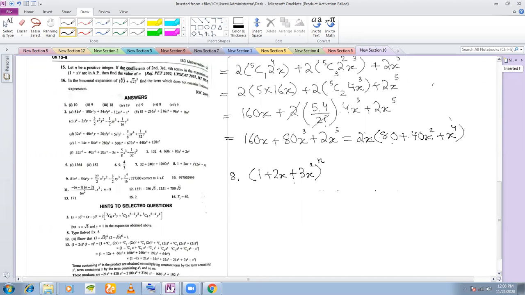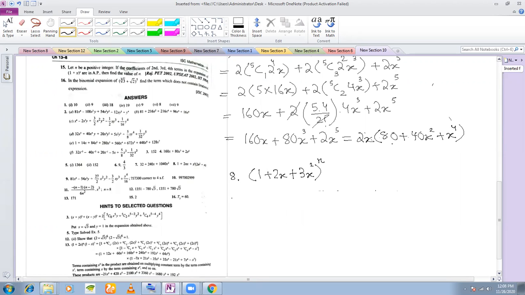Ascending means lower to higher. Up to and including the term x square. Okay, we have to expand this in ascending powers of x.